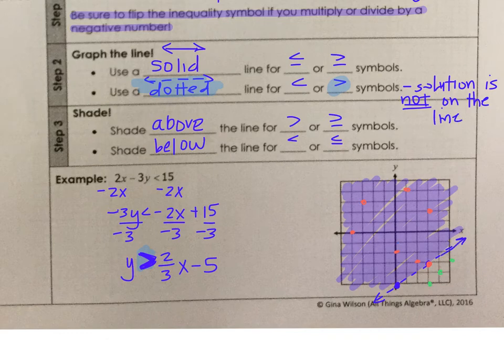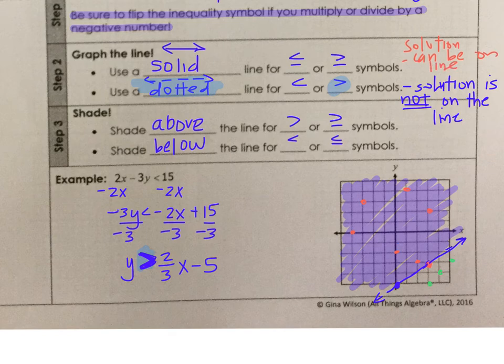If I had drawn a solid line and then I have that dot, that can be a solution if it's a solid line. Solution can be on the line.